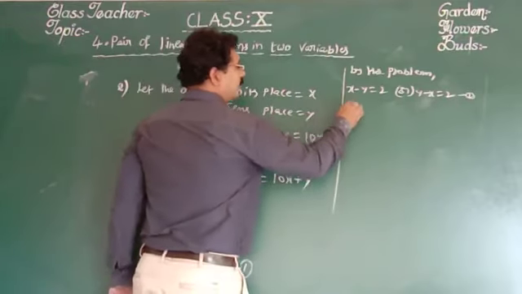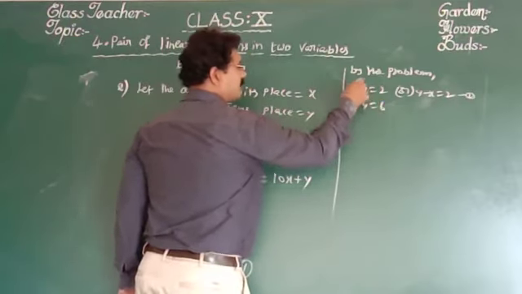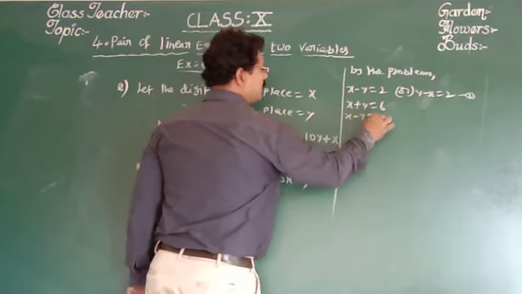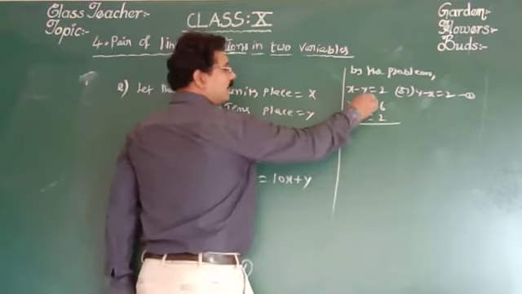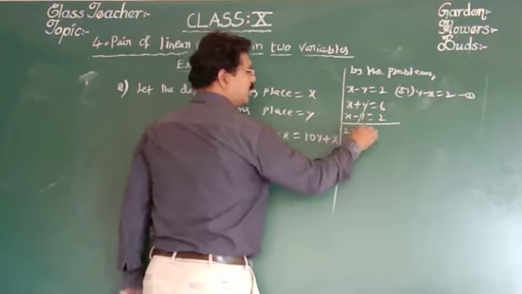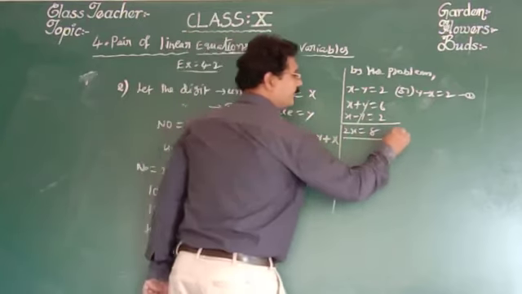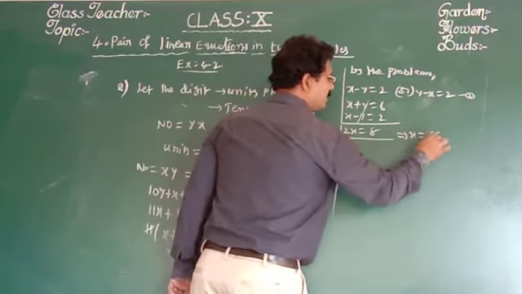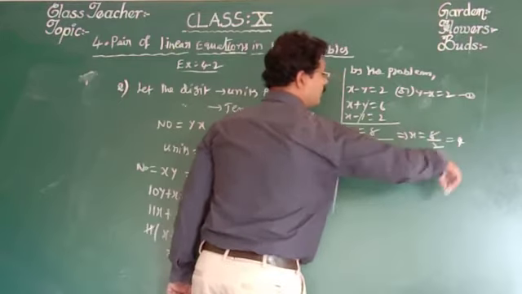Now solving 1 and 2. First, x plus y is equal to 6. Let us take x minus y is equal to 2. Adding, y and minus y cancel, so 2x is equal to 8, which implies x is equal to 8 by 2, which is 4.